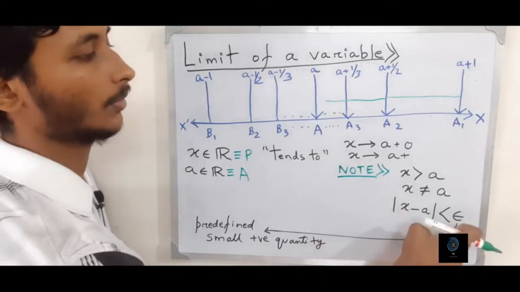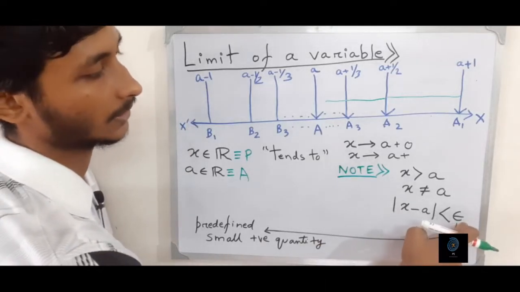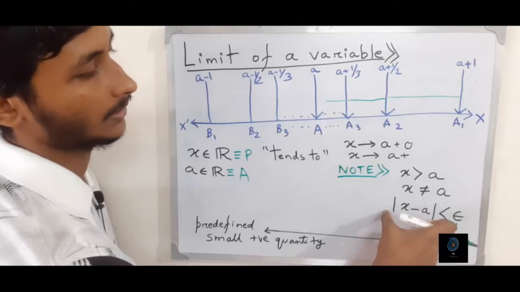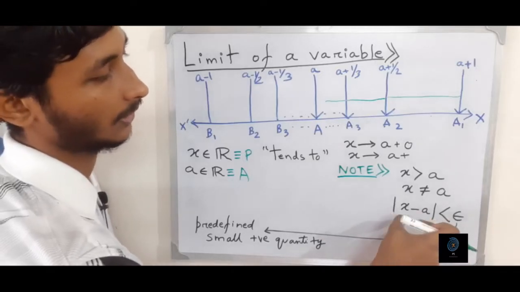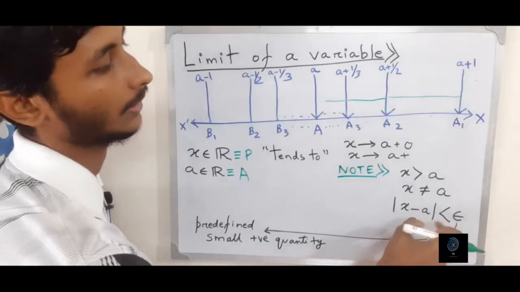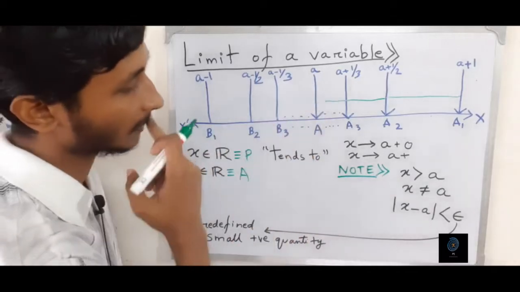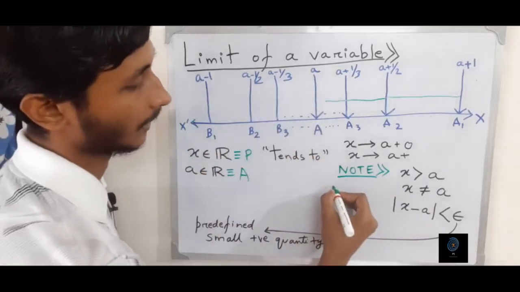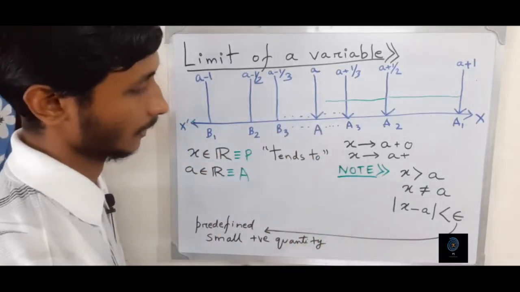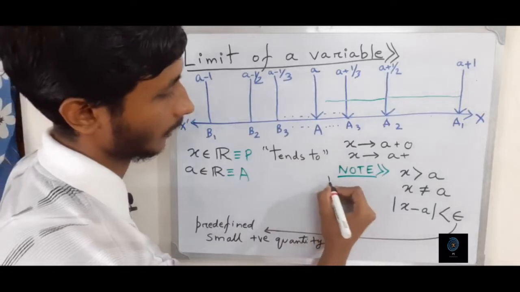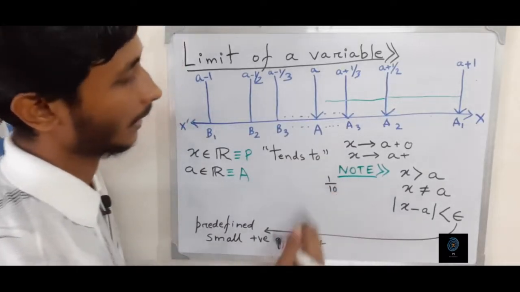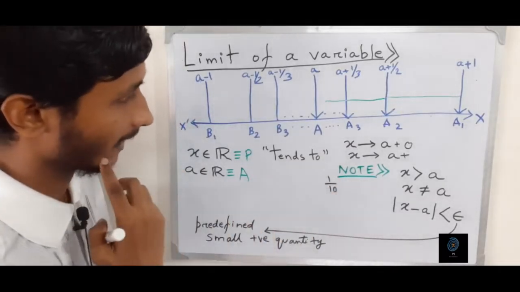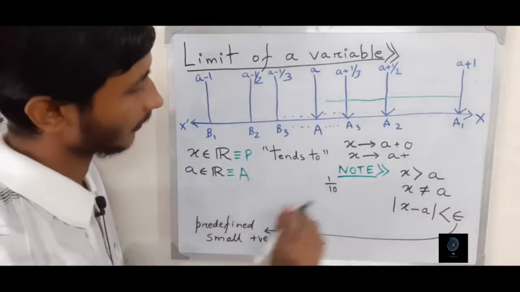However small an epsilon you fix, we can make this absolute value of the difference between x and a less than that. Suppose you fix epsilon as 1 by 10, and suppose our constant is a.